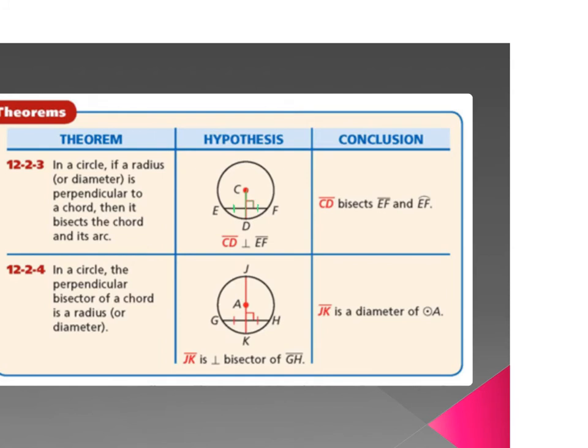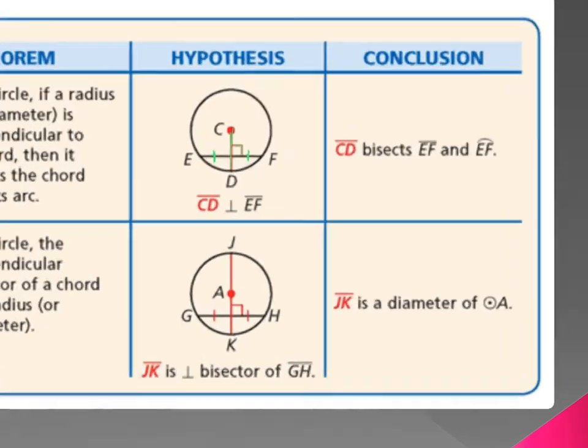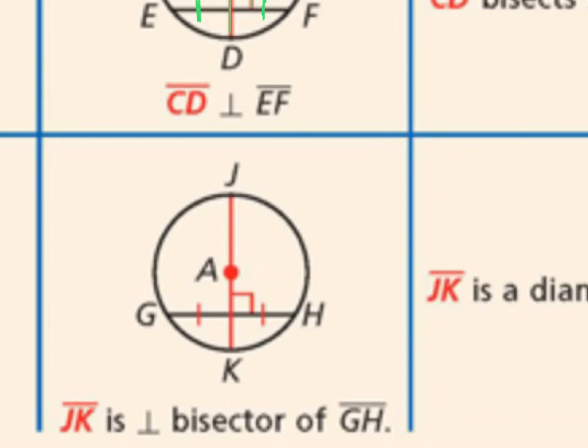So these 2 segments would be congruent. In a circle, the perpendicular bisector of a chord is a radius or diameter. So here, if we have a perpendicular bisector, meaning that it cuts this in half and it's perpendicular, that would make this segment the diameter or the radius.